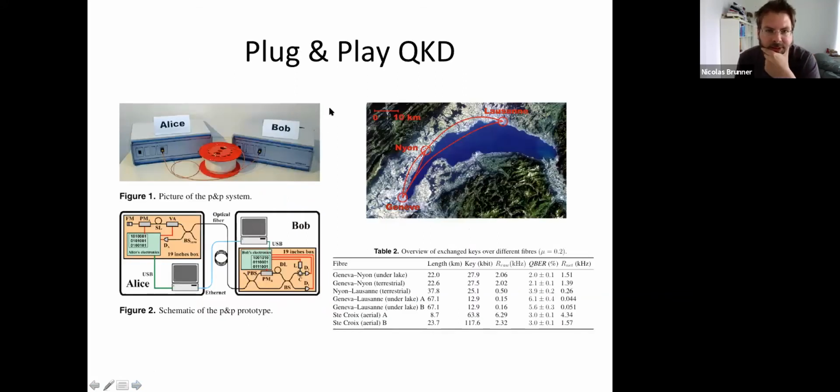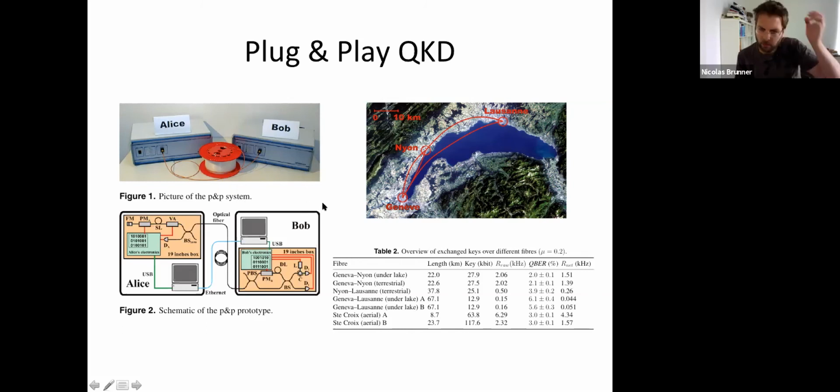So here we jump to something else. This is now cryptography. It's also a specialty of Geneva. Along with these first experiments on Bell's inequality, people here also developed other quantum information applications, in particular cryptography.